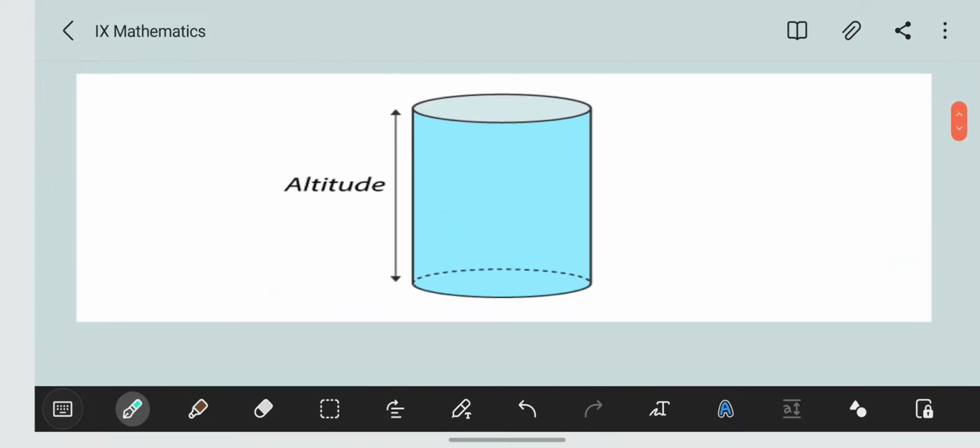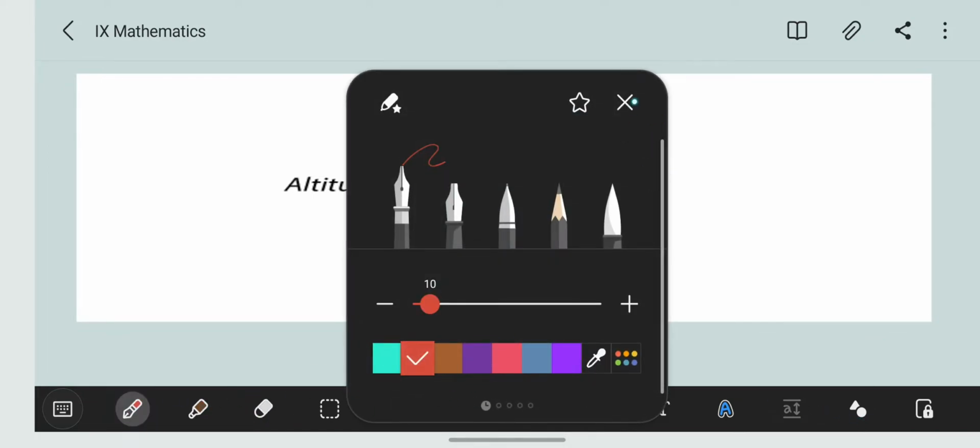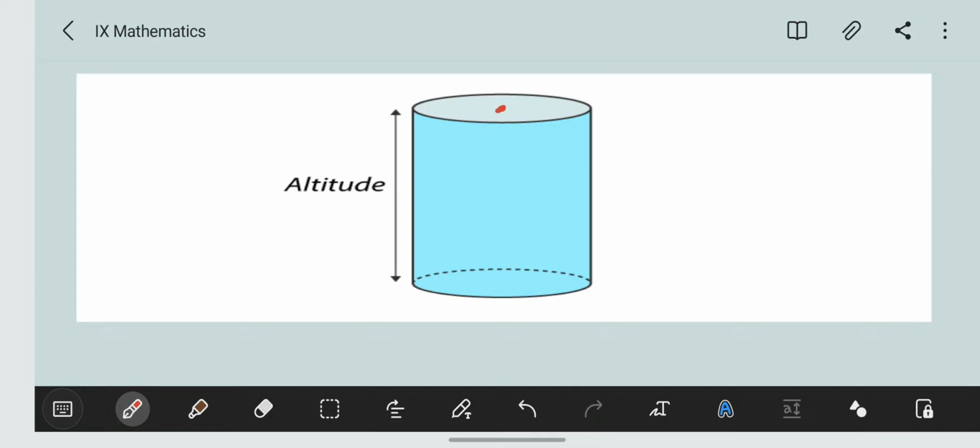The axis here means the center of the circle. The centers of the circles joined together form a right angle to the base. That's why it is called a right circular cylinder.